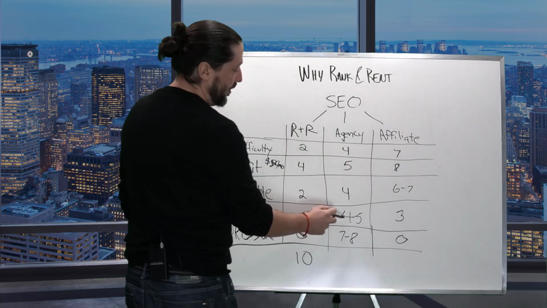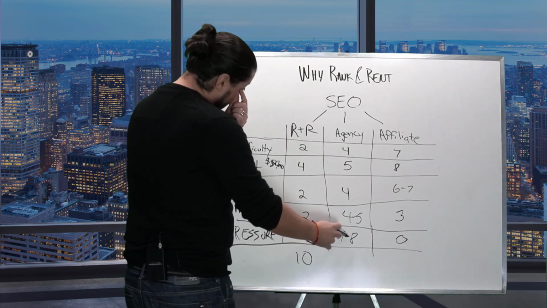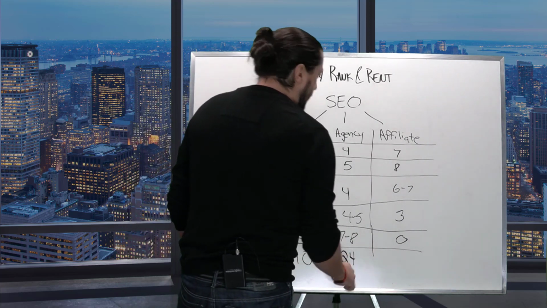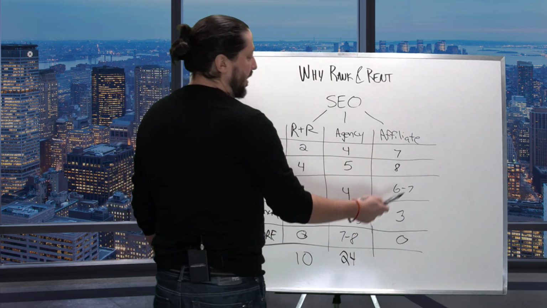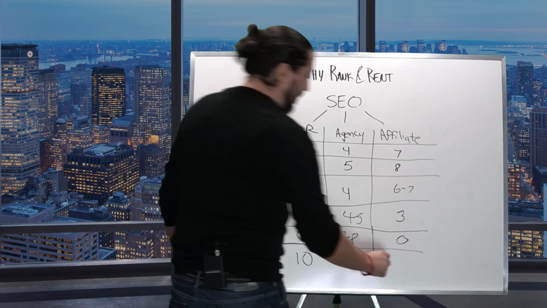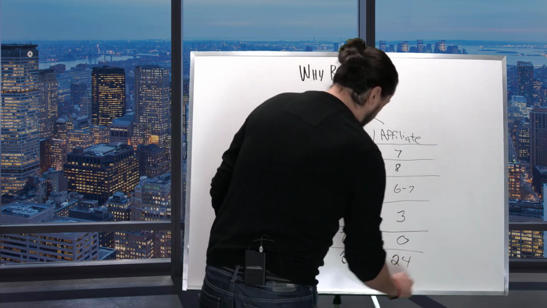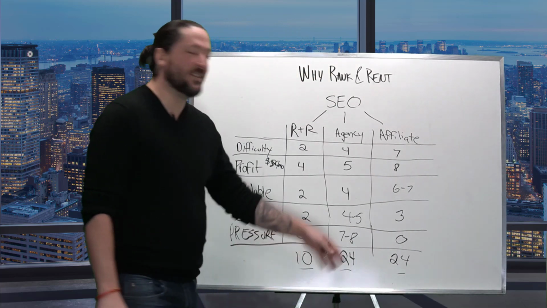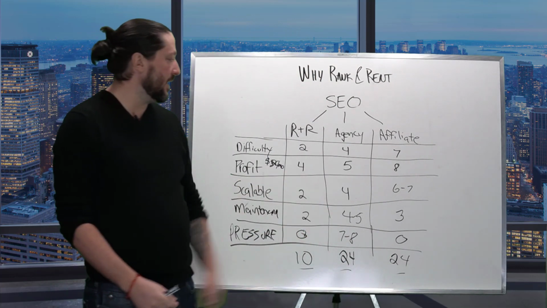Agency, we're at 9, 13, call it 17, and then 7 more would be 24. And then in affiliate marketing, 7 and 8 is 15, plus 6 is 21, about a 24. The lower the score, the better, in my mind. And that's just quick math when I'm trying to look at things as an overall.